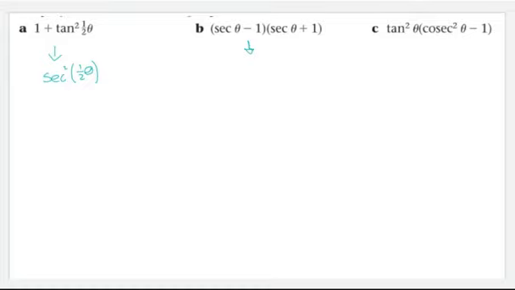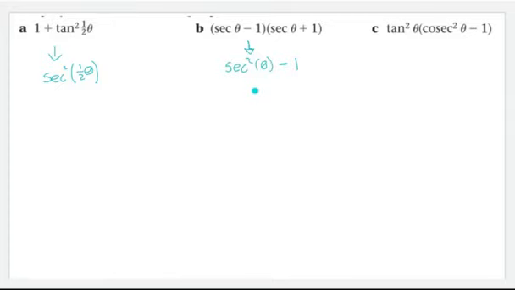Is it sec squared theta minus 1? Yes, so it simplifies to sec squared theta minus 1. It's a difference of two squares, as in that's the expansion.